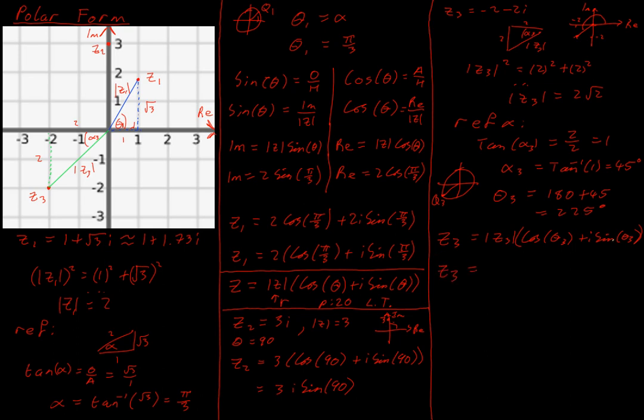Again, a version of this formula is our de Moivre's theorem on page 20 in our log tables. And I sub in and I get 2 root 2 cos of 225 plus i sine 225. And I close both of my brackets there. And that is all I need for turning a number into polar form.